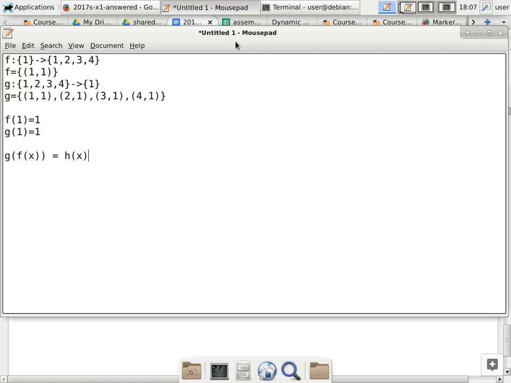When your domain and codomain only have one single element, that function has to be bijective. There's no other way to do it. So I was just thinking of greater than, less than. Yeah, you have to check if there's one element, that's also a condition.